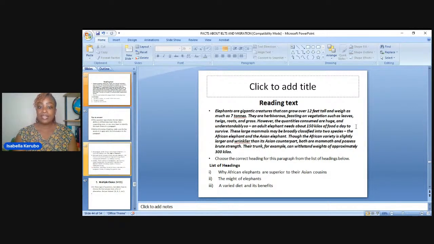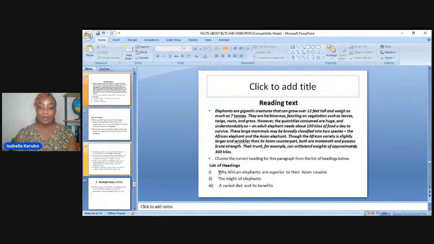So this is the text that we are going to use as an example. So choose the correct heading for this paragraph from the list of headings below. So this is the list that we have here. We are trying to choose the best heading of the three for this text that we've read.